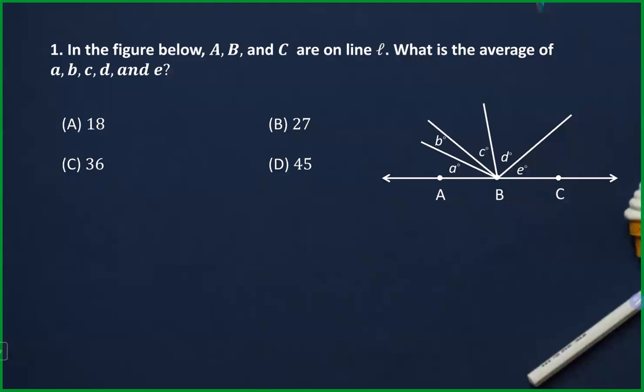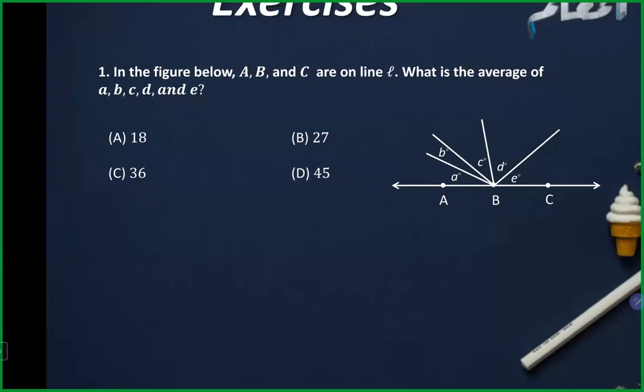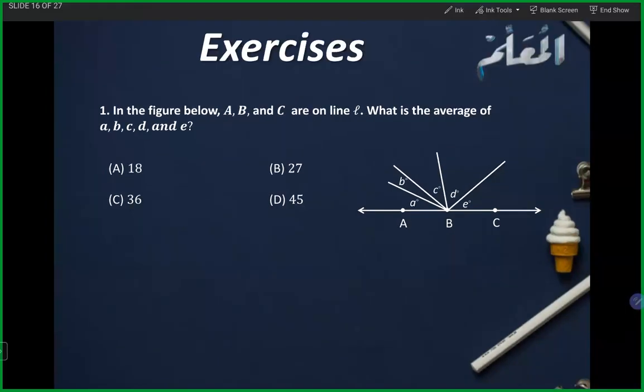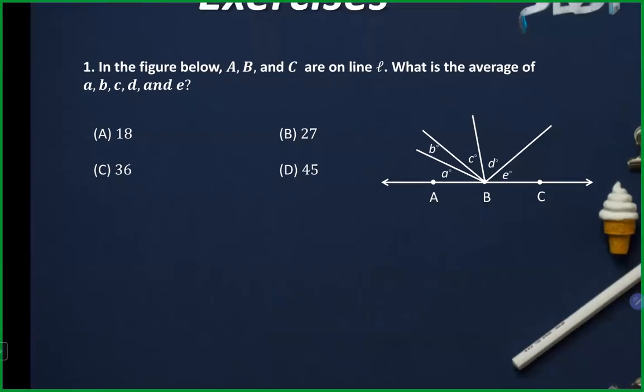Fine. So in this question, in the figure below, A, B, and C are on line L. What is the average of A, B, C, D, and E? I have to remember something here. When I say the average, the word average means sum of elements on their counts.